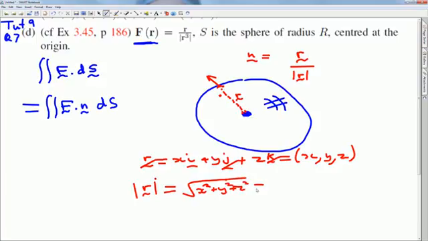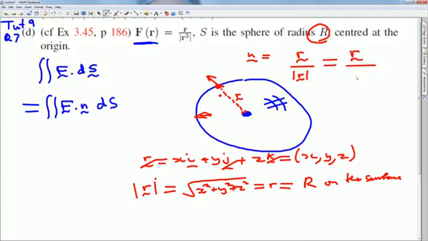It's convenient to call it little r without the tilde underneath it. So I write r tilde to indicate the vector, and r is just a scalar, which is the length of it. Now, in this particular case, all the different points we're going to consider the normal on are sitting on the sphere of radius R. So this little r, which is my general function, happens to equal R on the surface. And so the normal is this vector r divided by the actual radius of the sphere at any point in time.